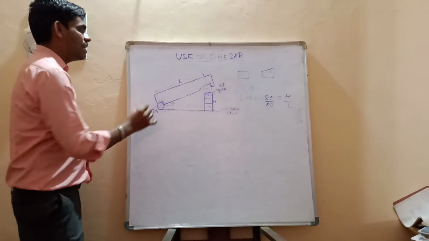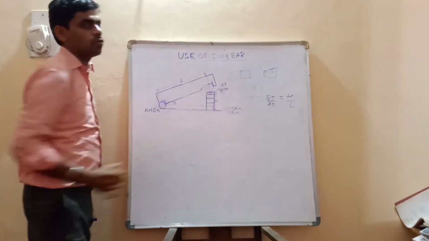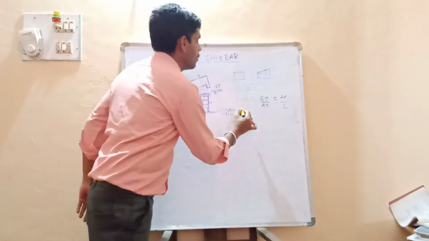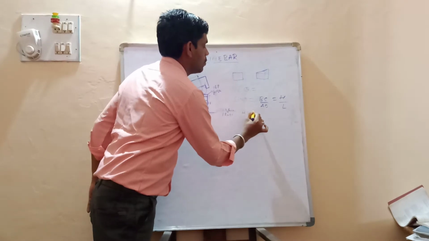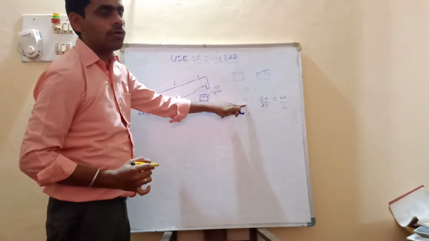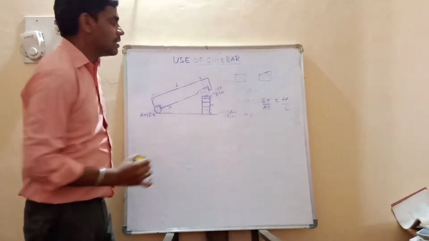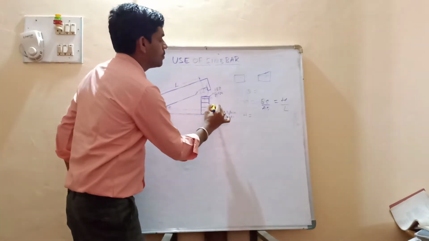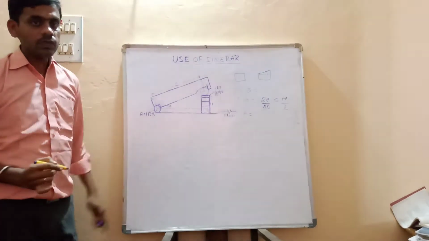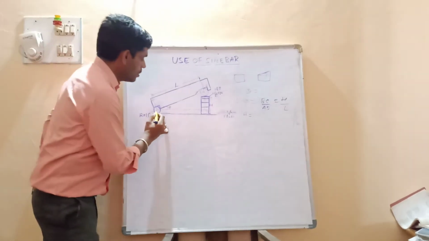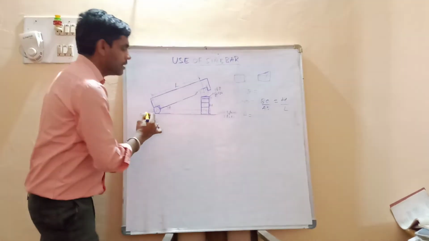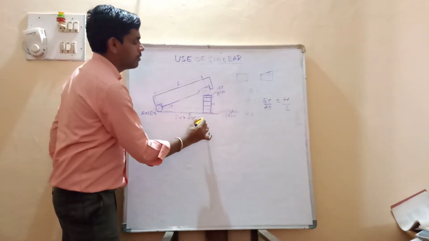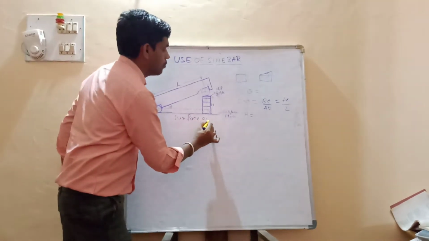L is the center distance between two rollers. With sine theta equal to H by L, we will get the approximate height, H. Initially we have to build the initial height with slip gauges. The point to be considered is that the sine bar should be placed over a flat, horizontal surface, that is the surface plate.